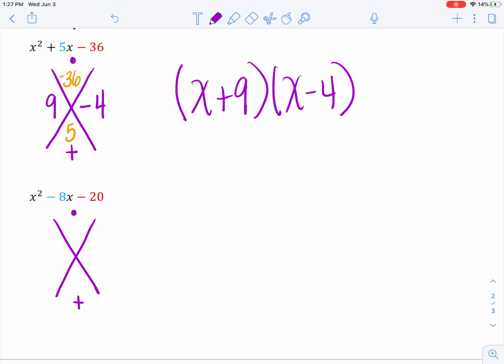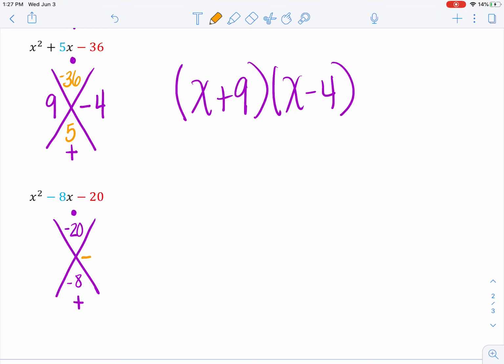Okay, all right. So I know I need to multiply to a negative 20 and I need to add to a negative 8. Knowing that my product is a negative number, that means that one of my factors is positive and one of my factors is negative. Okay, so you should be thinking about a difference. So what two numbers multiply to 20 that also give me a difference of 8?